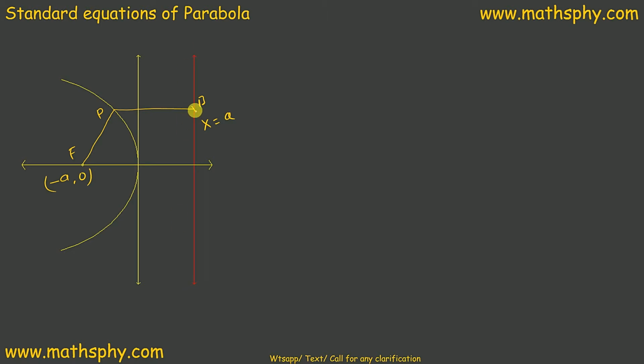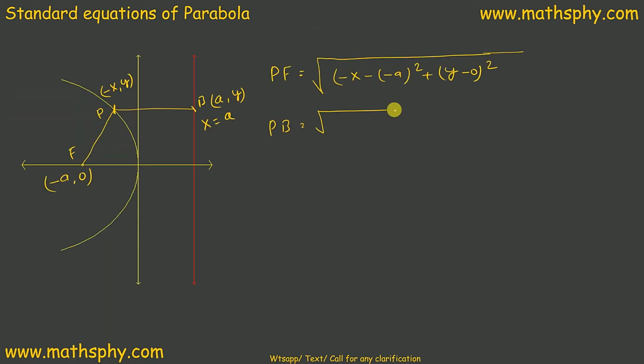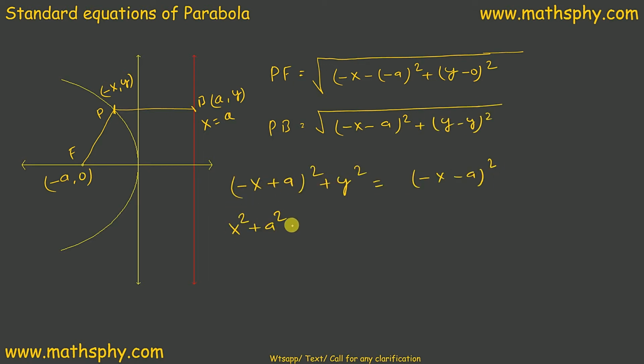So this point here will be (a, y), and this point here, (negative x, y). X is on the negative side. So if I write the equation, now again we get y square equals 4xa.